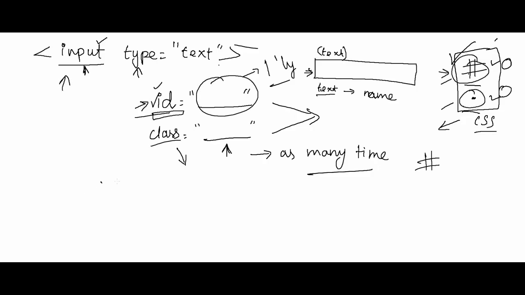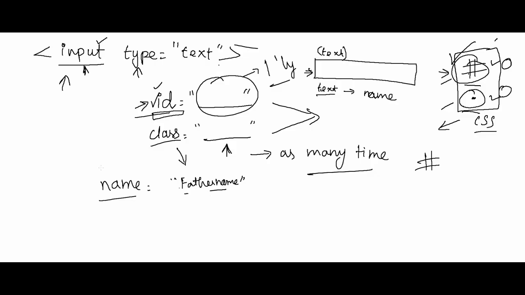The next attribute we can give is name equal to a name. We can give any name for this text box. For example, I am going to use this text box for father name, so the name is father name. This name should be unique so that we won't get any confusion when collecting data from the form.